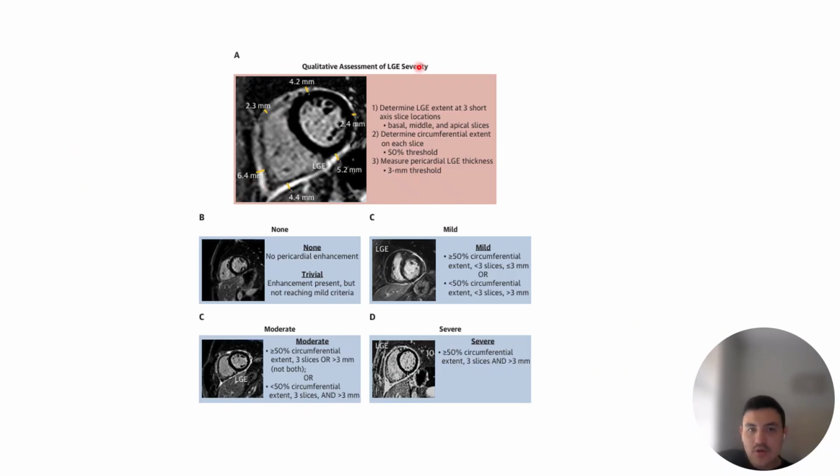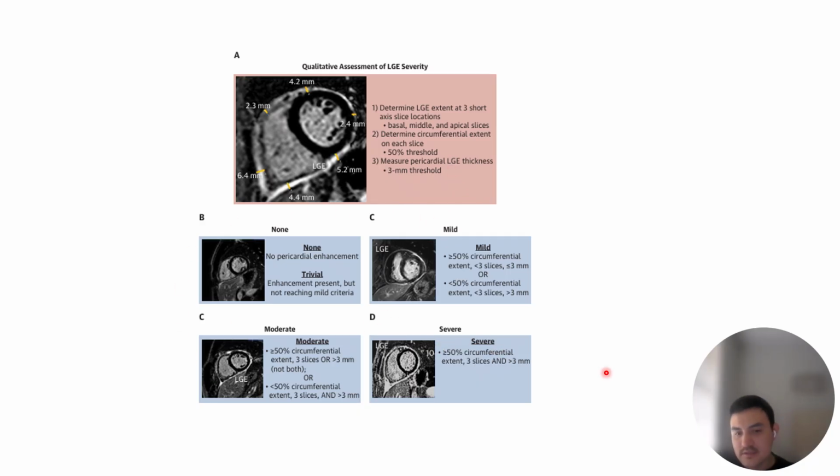And how are you going to assess severity based on the cardiac MRI? It's pretty straightforward. First of all, you have to have the short axis, 50% of the circumference affected, and 3 millimeters of thickness of late gadolinium enhancement. Based on those criteria, and based on the number of slices that you have, basal, middle, and apical, you are going to have none, mild, moderate, and severe.